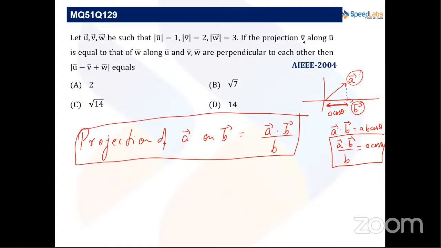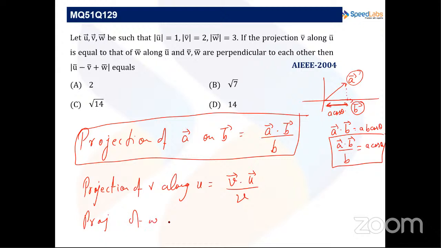It is given that the projection of v along u will be v dot u upon mod of u, and it is equal to the projection of w along u, which will be w dot u upon mod u.